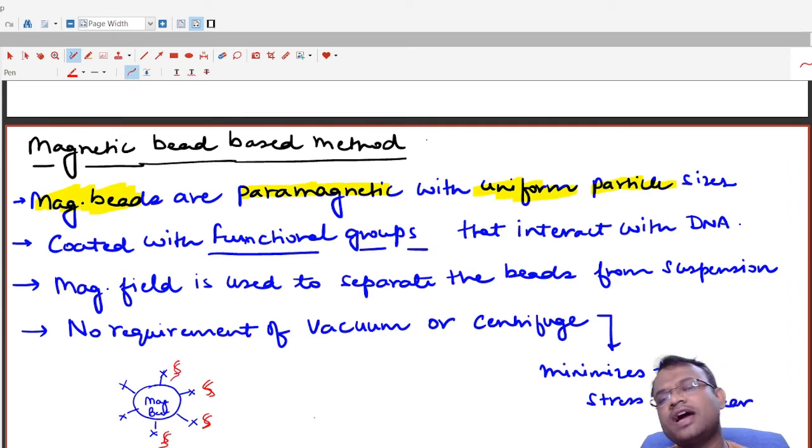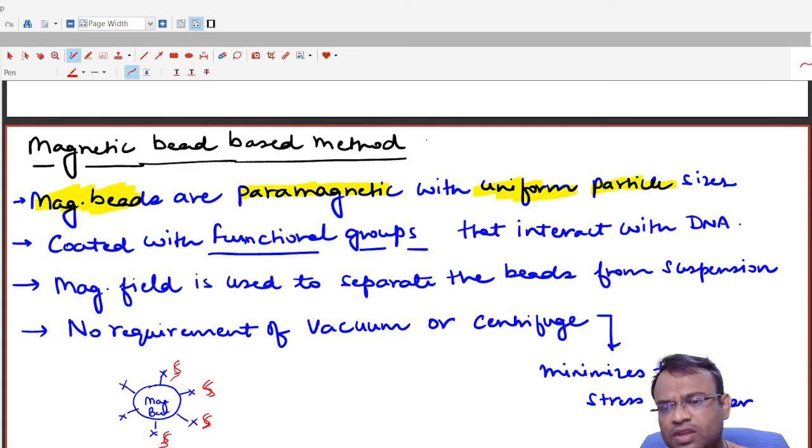Naturally it will be having some kind of charge interaction. That means the DNA is negatively charged, and the functional groups that are present in the magnetic beads would be positively charged, and because of the positive and negative charge interaction, these functional groups would be able to bind with the DNA.